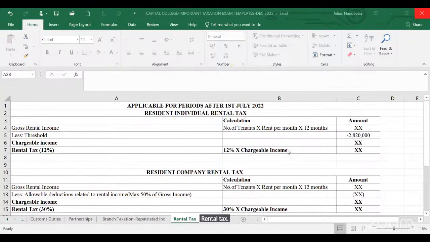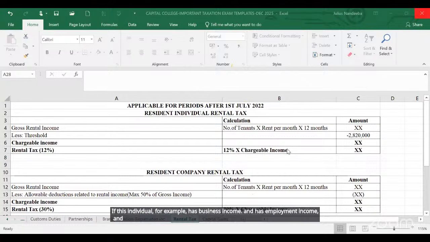Principle number 1 is that rental income is taxed separately from any other income. So do not be tempted to combine chargeable income. Because I told you, when you're dealing with an individual, if this individual, for example, has business income and has employment income and has other property income, you will determine the chargeable income and then combine them.